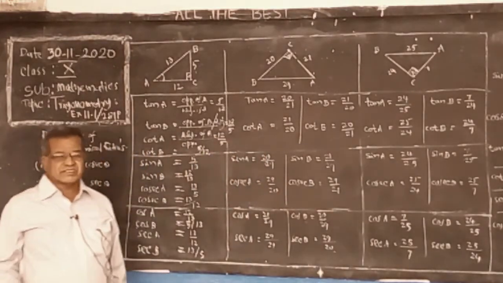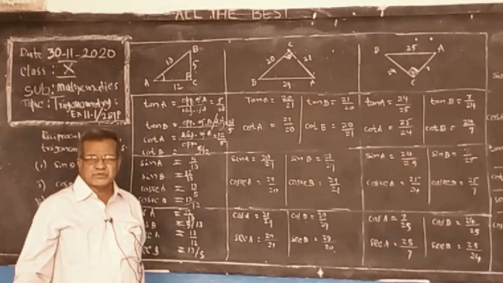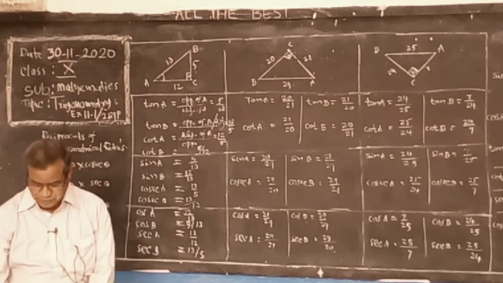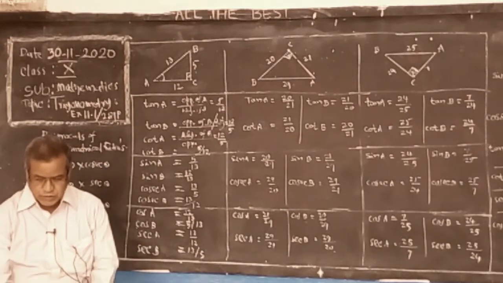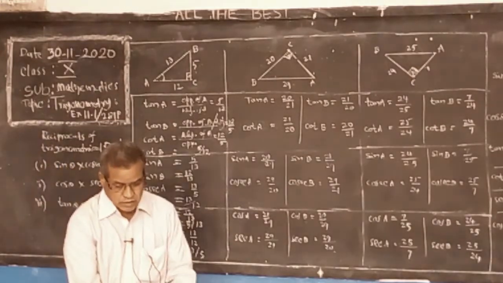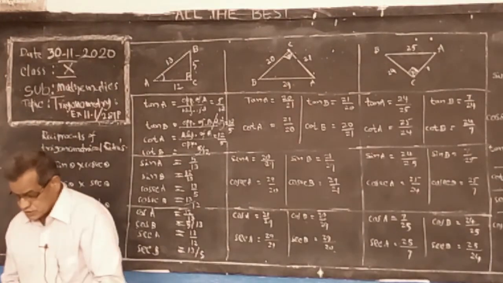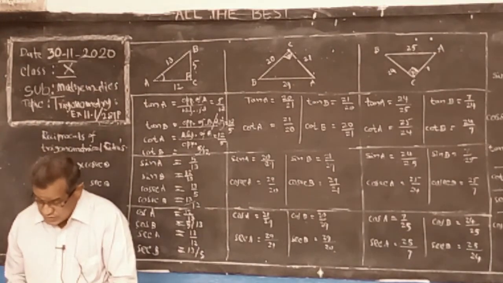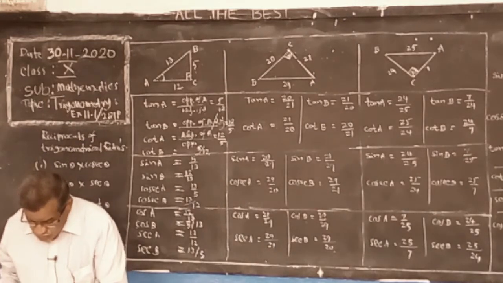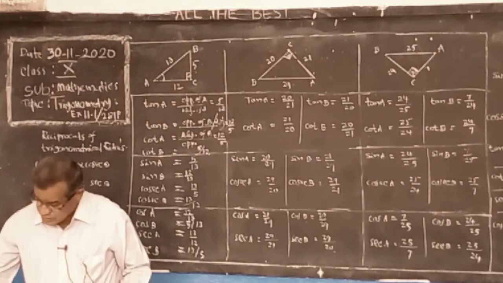But the hypotenuse never changes because it is always opposite to 90. Hypotenuse is same. No doubt. Please learn all these ratios. Next, coming to our exercise, only a few problems are given. I will explain one.